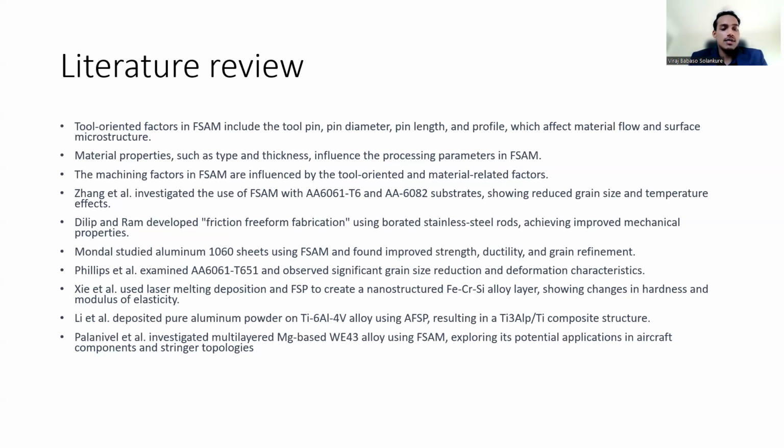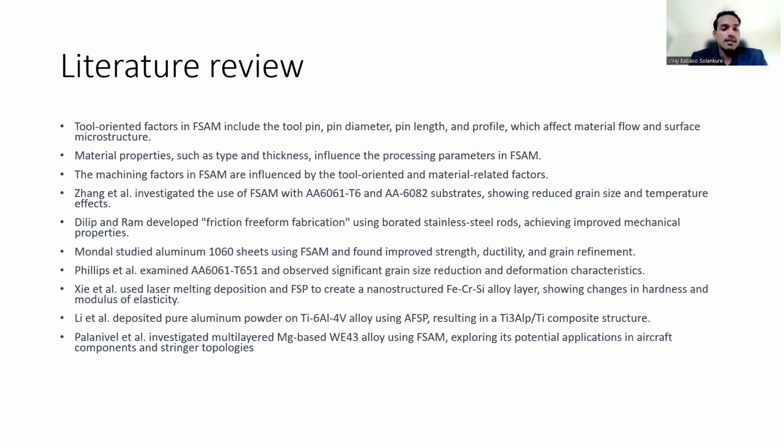Mondal studied aluminum 1060, which is low strength, and found improved strength, ductility and grain refinement. Philip examined the high strength aluminum and observed significant grain size reduction and deformation characteristics.